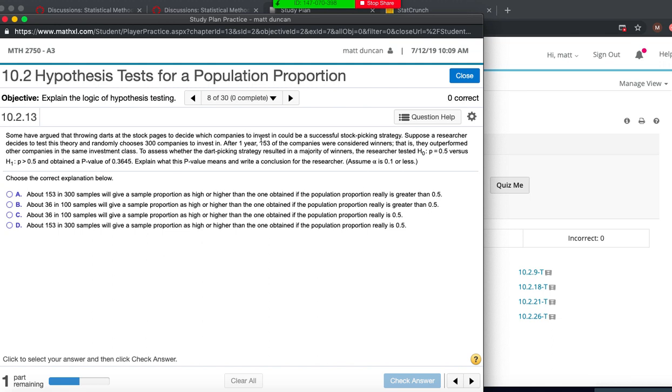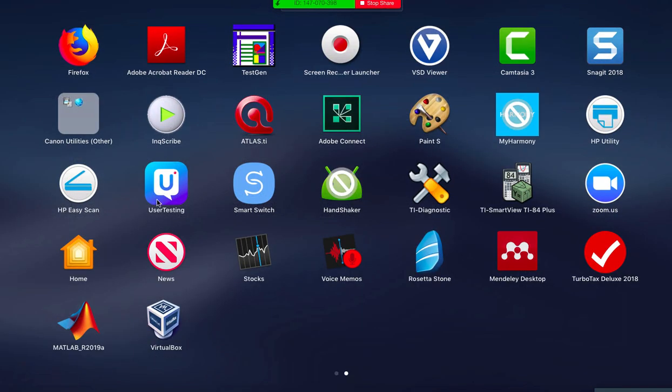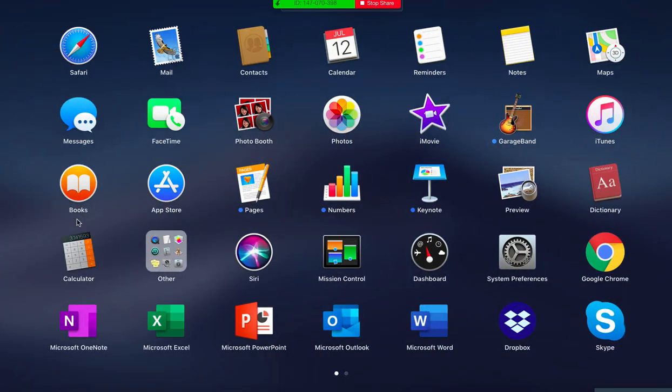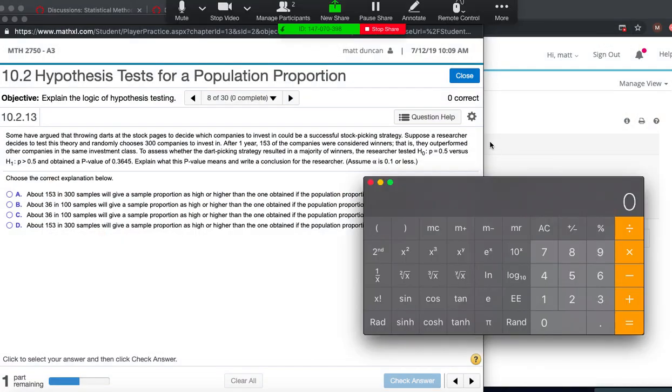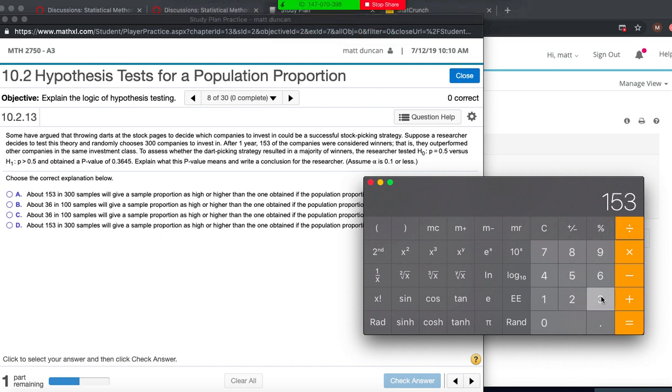And I think that if you said, hey, we looked at 300 companies and 153 of them were considered winners, sure, that's just over 50%, right? I can get the number for you. So 153 divided by 300 is going to be just over 50%, right? 51%.